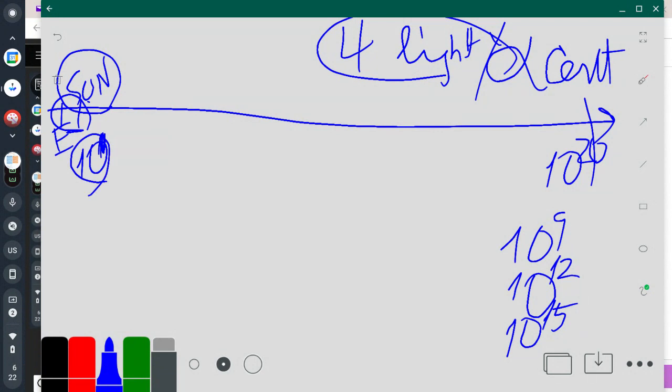So then, what's an effective, efficient way to express such a huge distance? Well, think about it.